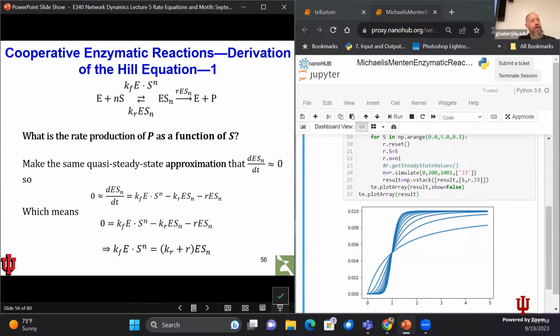And so let me just quickly do the same derivation that we did before. It's exactly the same derivation to get the result analytically, except now the only thing that's changed is that in our equation for ES, we have an nth power here.